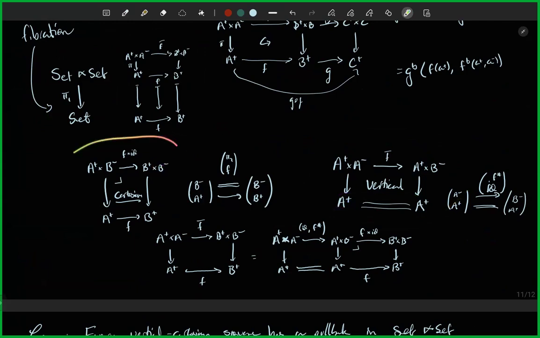And Cartesian means that the square is Cartesian, which is a certain universal property that says if you have something like this, a partially filled square, you can universally lift it to a totally filled square. In general, this is always going to work if you have some notion of bundle, like these arrows, that can be pulled back using pullbacks.